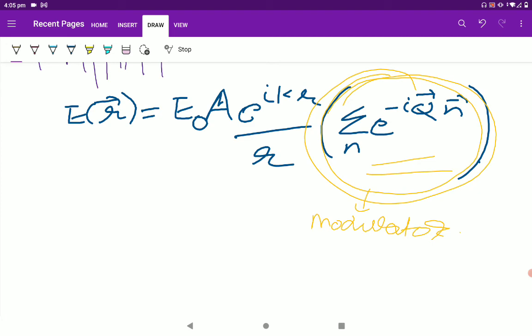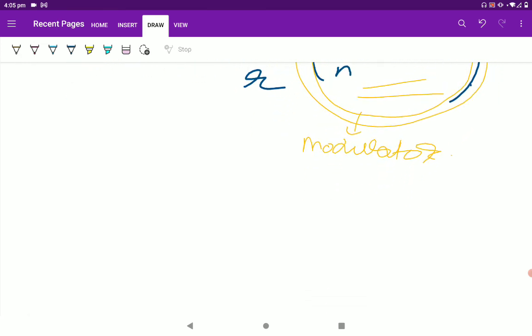Now let's see how the scattering wave vector, that is the q vector, depends on angles. So what is the q modulus? This is our incident wave vector ki. This is our scattered wave vector ks, and this is the difference between ks and ki, that is the q vector.